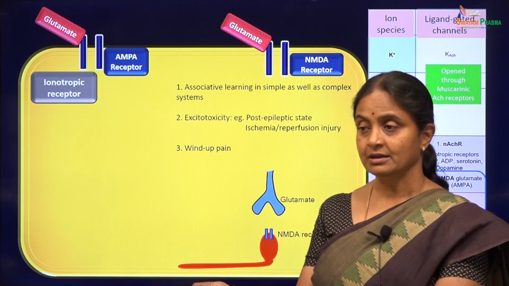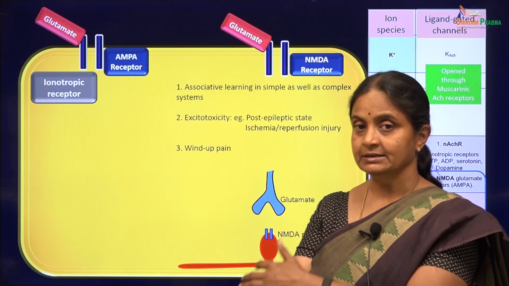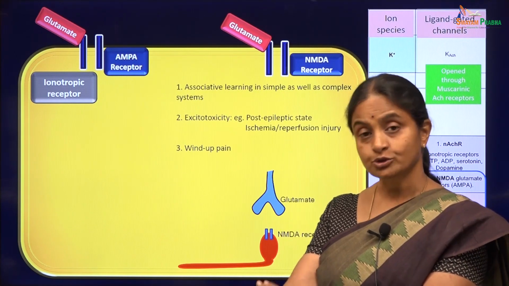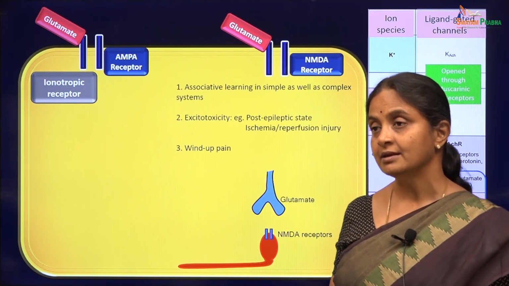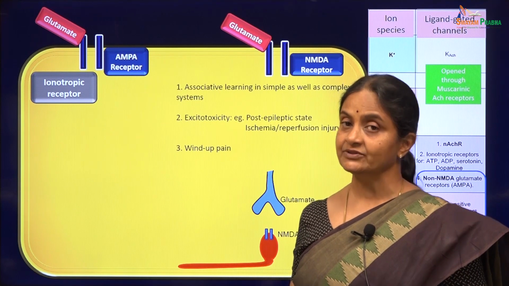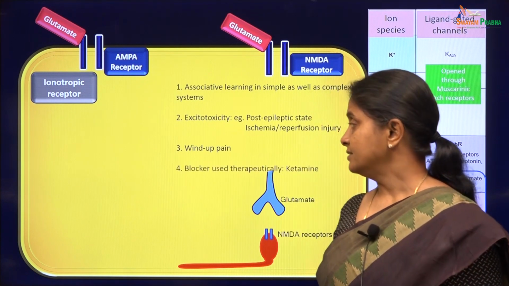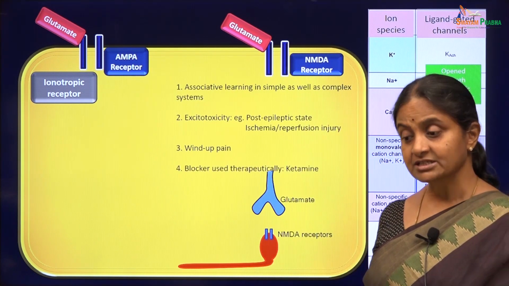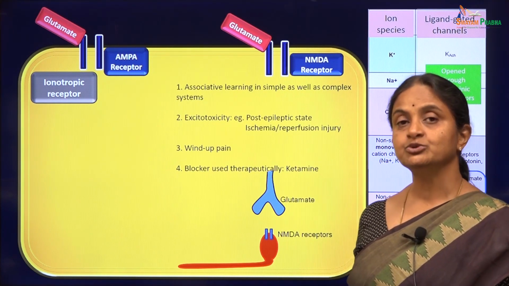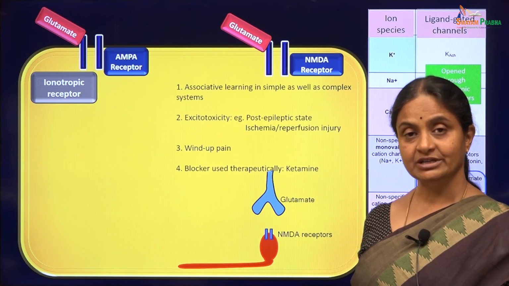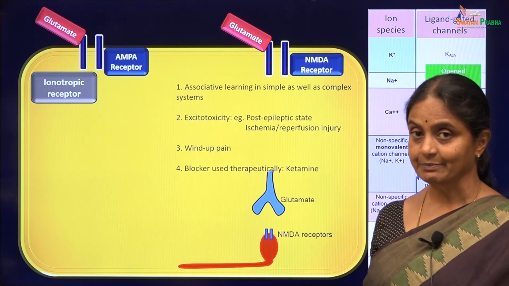When you have an injury, there would be pain in that region, but sometimes you get hyperalgesia, enhanced pain not only in the region of injury, but also around that region, what's called wind-up pain. The phenomenon responsible for this is activation of NMDA receptors in the spinal cord. And finally, a blocker of NMDA receptors which is successfully used in therapeutics to treat pain or sometimes to induce analgesia, even during surgeries, is ketamine. It's a blocker of NMDA receptors.